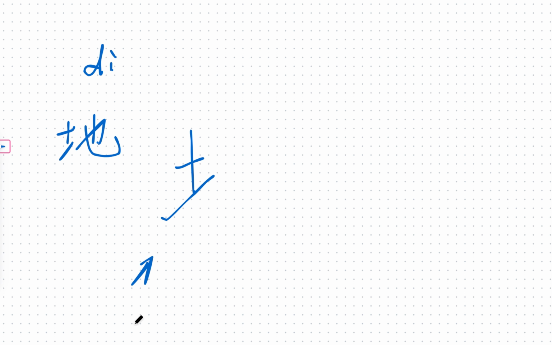Remember this angle, it goes up in this angle. Then the next stroke goes like this and turns down, and a little hook here. And then we go from top down. Remember to put it close to this side.